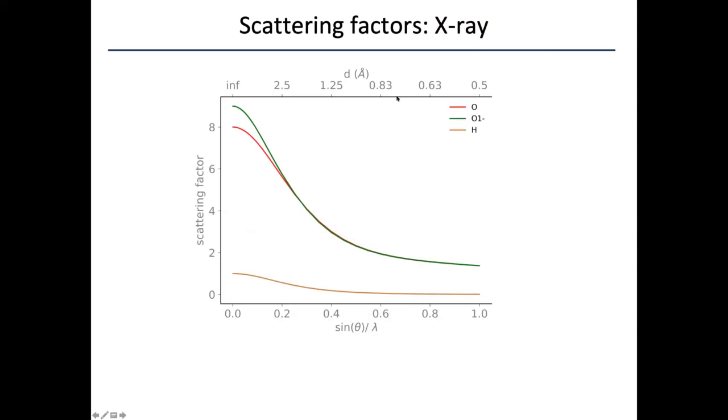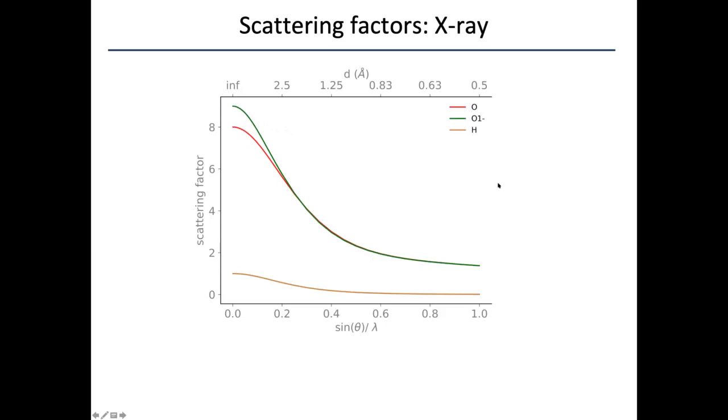I also have the direct space resolution in some of the plots on top if you prefer looking at these values. And I plotted this here for three different types. For oxygen, it's the red curve. For hydrogen, it's this brown curve. And for a negatively charged oxygen, so an oxygen ion, it's the green curve.